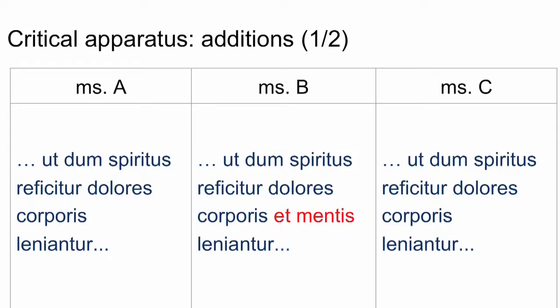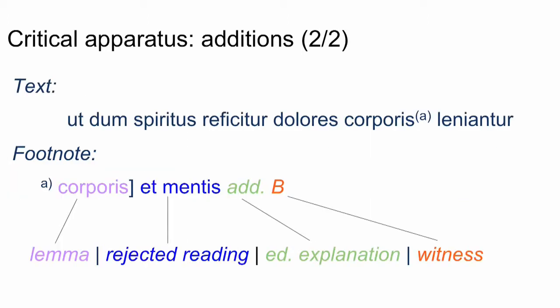Another example, let's see what we do when we have an addition. That is, a manuscript adds something. So, for instance, here manuscript B has a difference in the sentence. It adds "et mentis", and of the mind, just after "corporis". So, in a traditional print edition, you would do that. Same sentence in the main text.